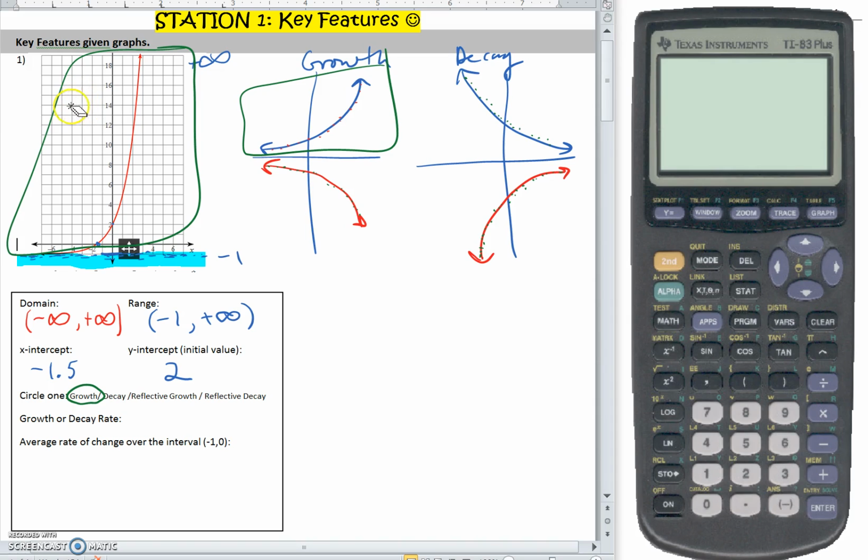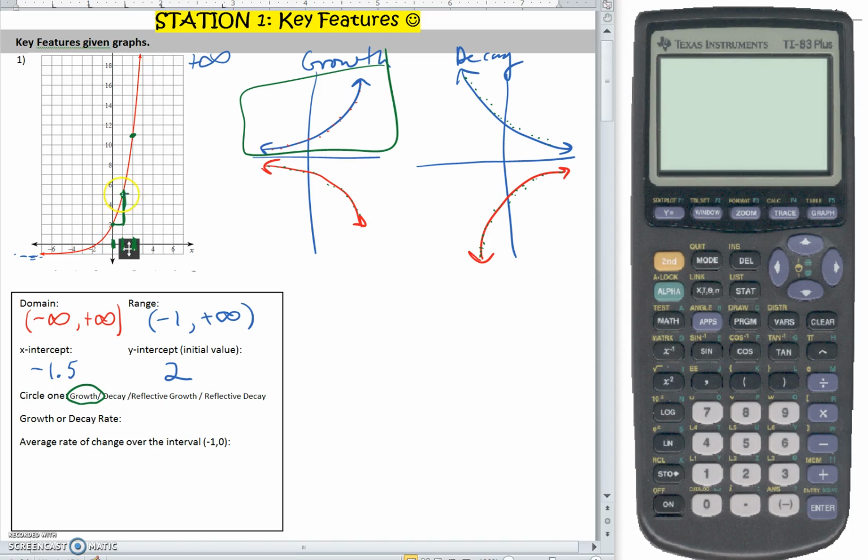And now we look at finding the actual growth rate. So looking at the actual growth rate from a graph's perspective, we want to identify some points that we can actually accurately tell where they are located on your graph. Now these should be one x value apart, so we call them consecutive values.